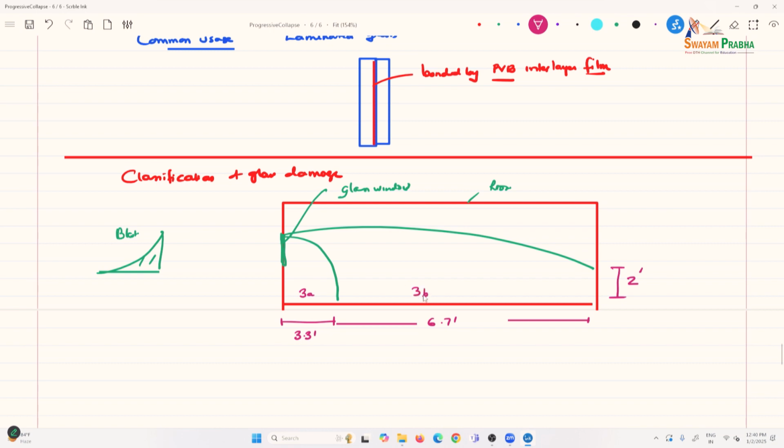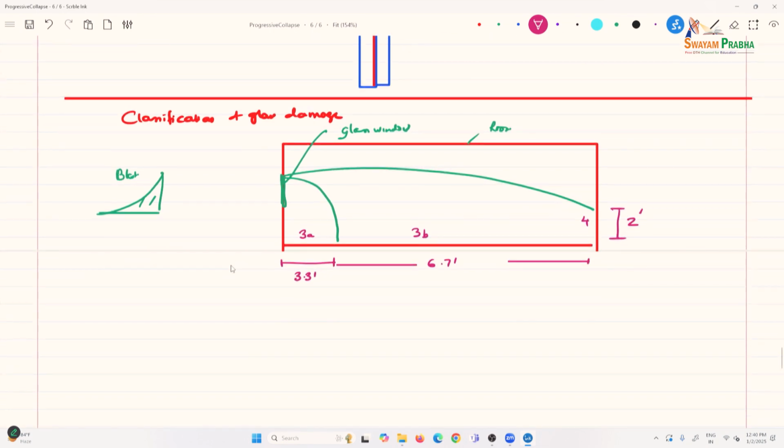So these are some classification levels. The protection levels are defined as follows. 1 is safe, and no glazing damage.